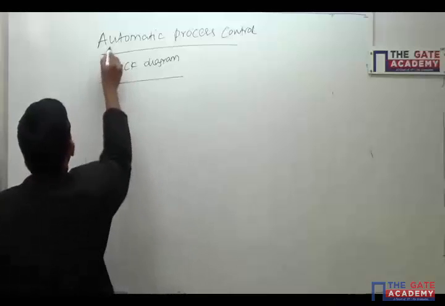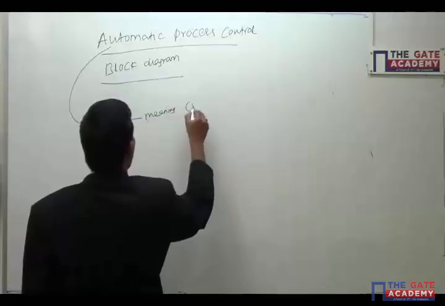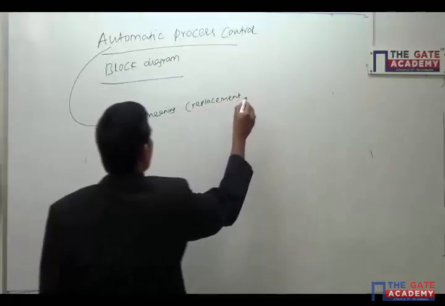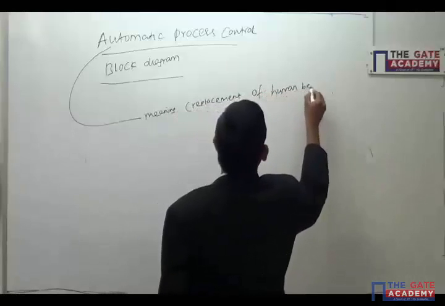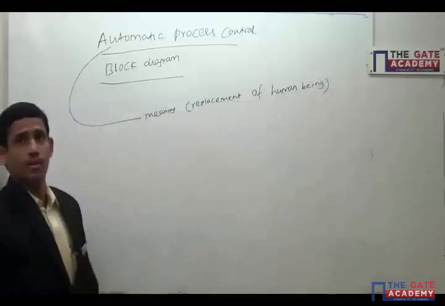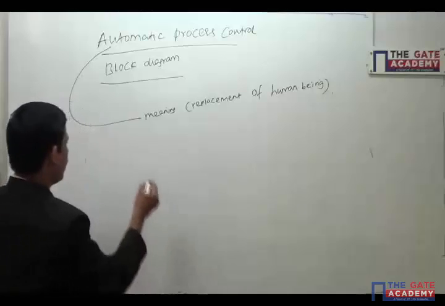See, what is meant by automatic? What is the meaning? Replacement of human being. Replacement of human being, automatic. So we will see the block diagram.